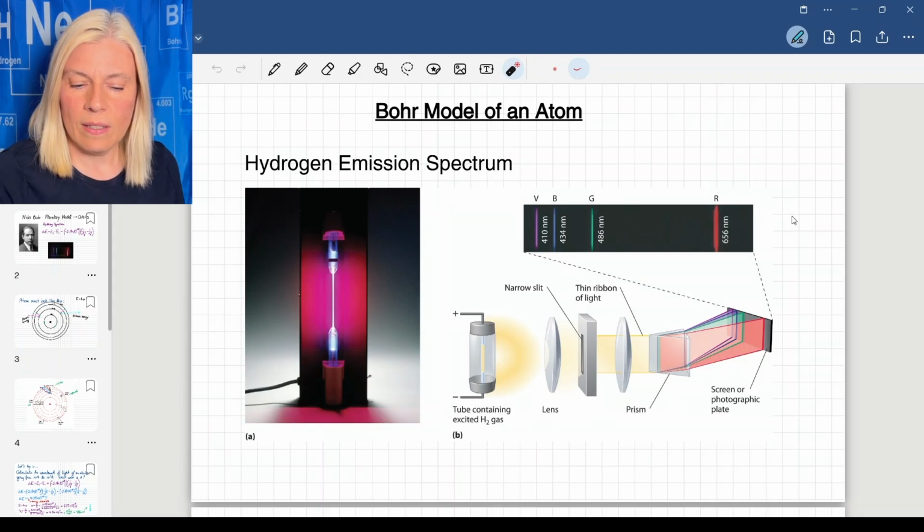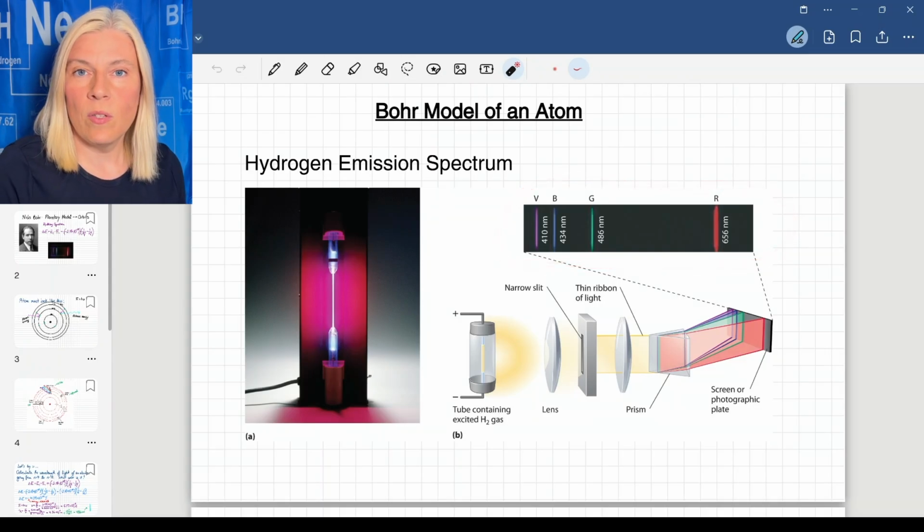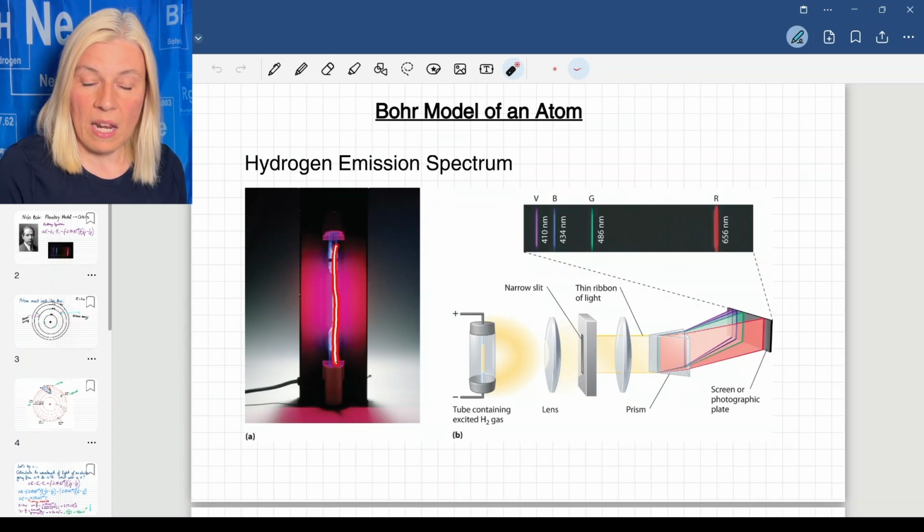So here is the emission spectra of the hydrogen atom. Maybe you see this in your classroom, there is this long, thin light bulb filled with hydrogen gas.